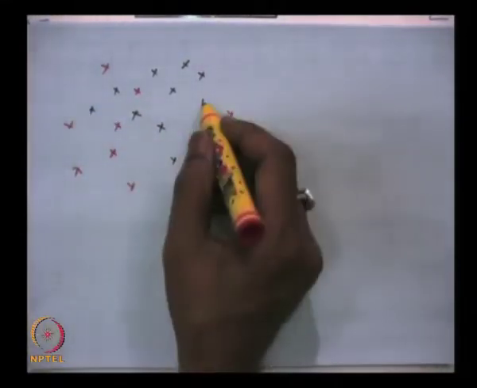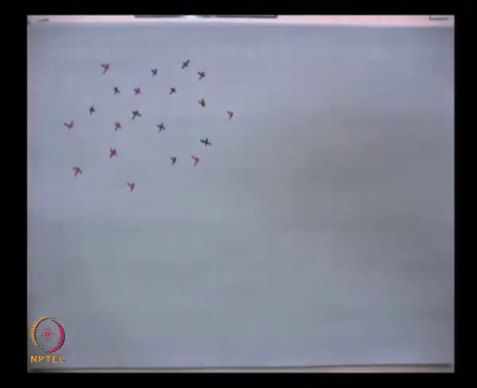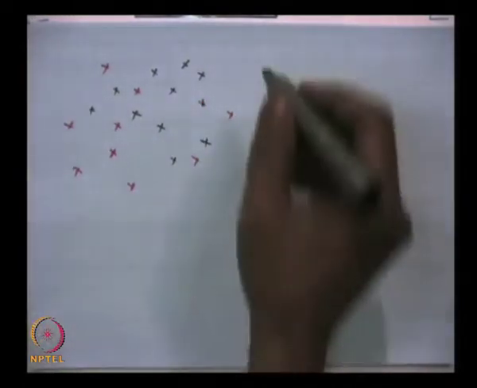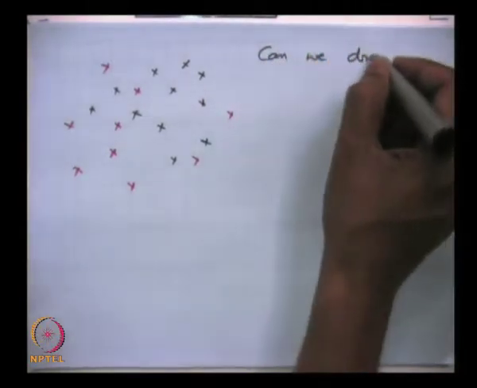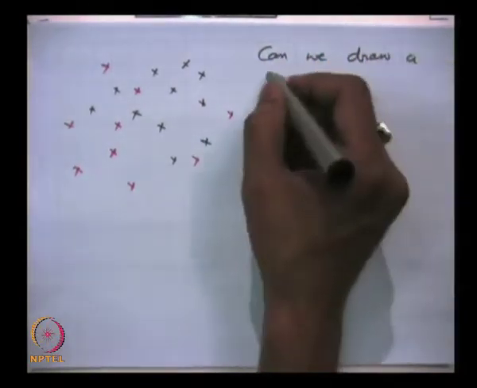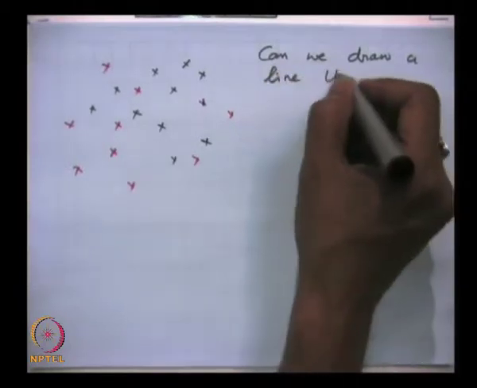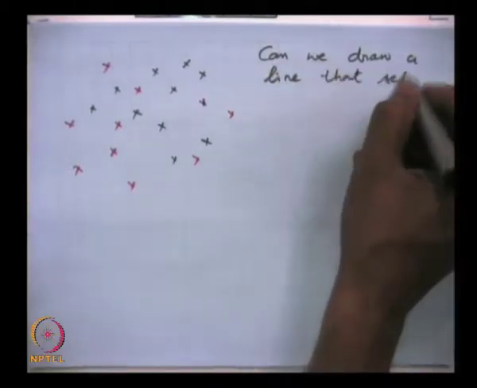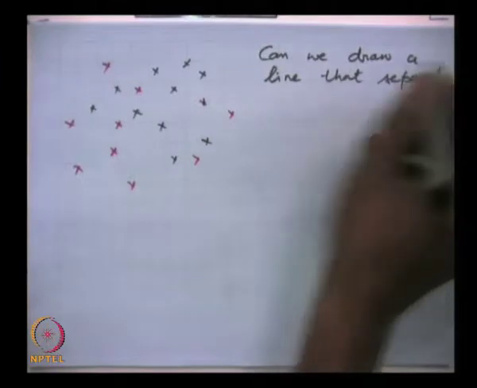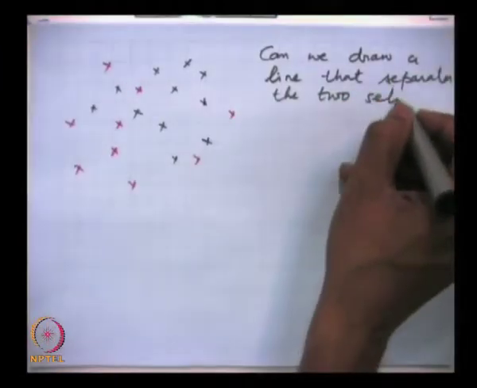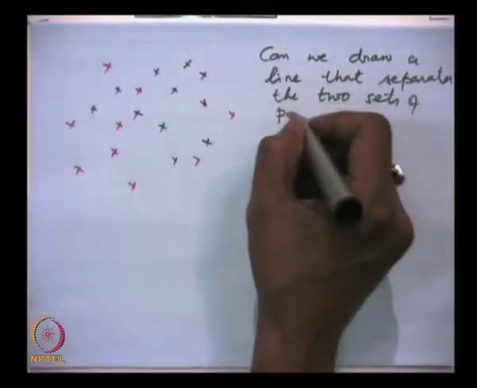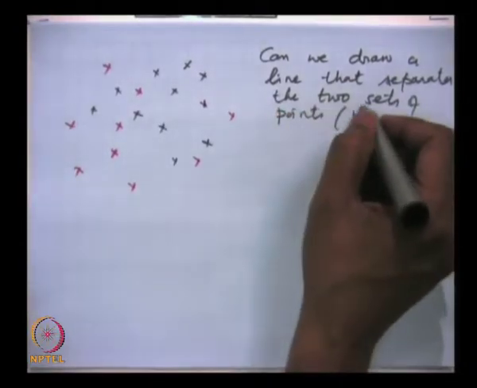Now, I want to ask the following question: can we draw a line that separates the 2 sets of points, namely the black and red?